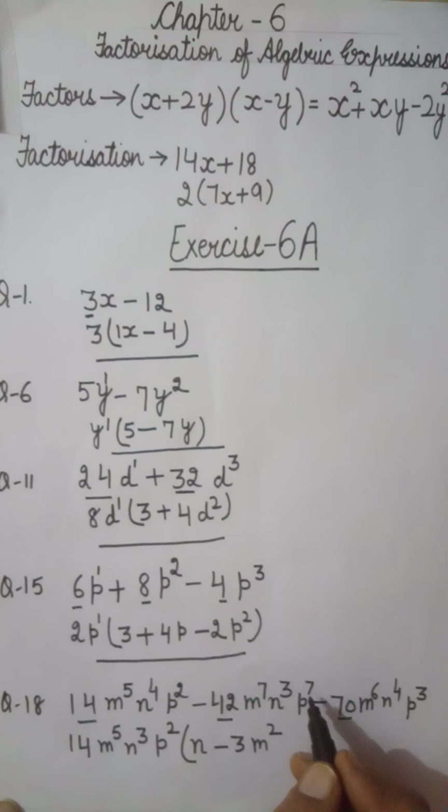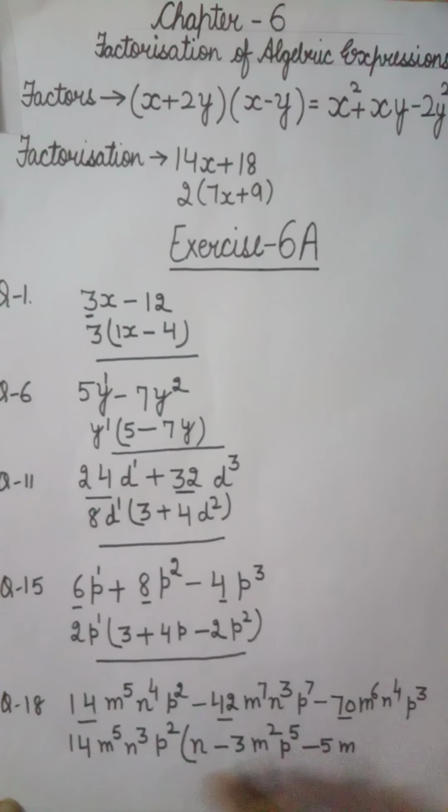Now p7 divided by p2, we get p5. Minus 70 divided by 14, we get 5. m6 divided by m5, we get m1. Now n4 divided by n3, we get n. p3 divided by p2, we get p. Now this is the answer.